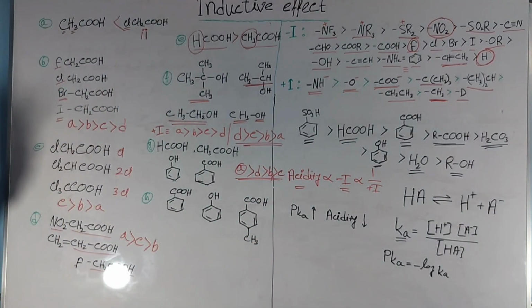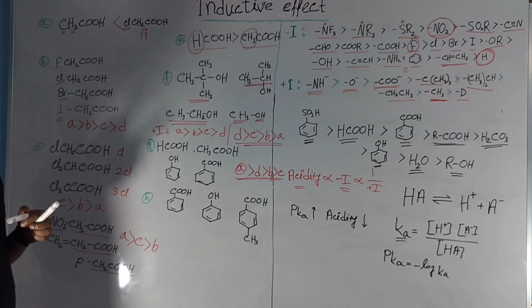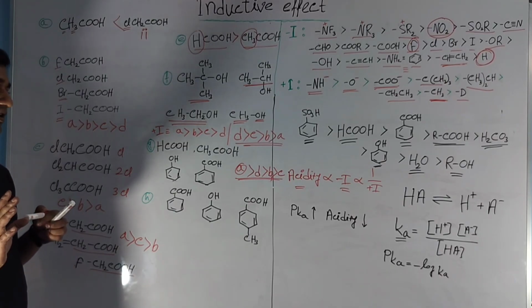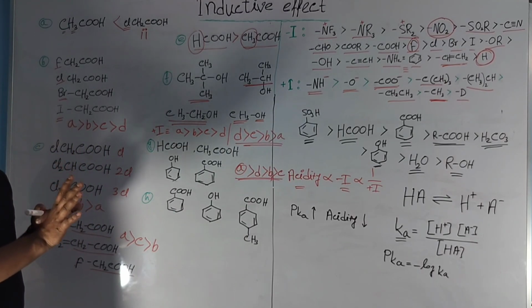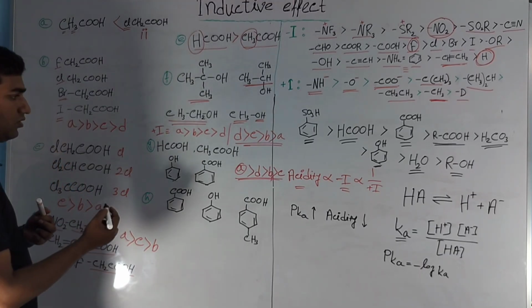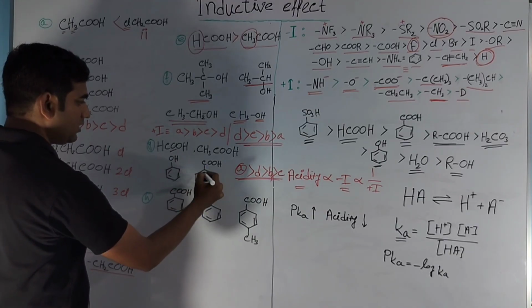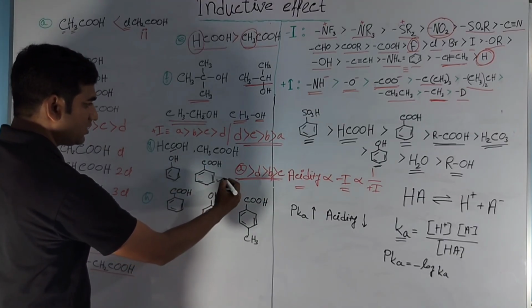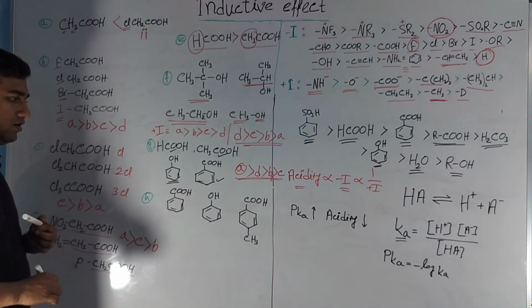So alcohol and aromatic alcohol are always less acidic compared to aliphatic or aromatic carboxylic acids. So the first one A is the most acidic, then benzoic acid, then acetic acid, and the least is phenol.